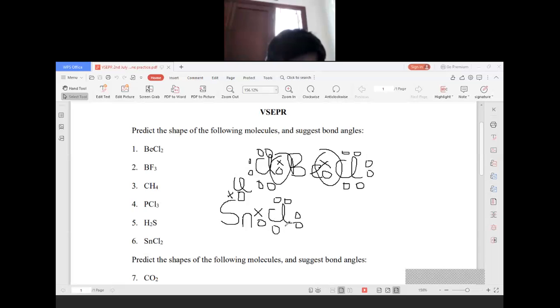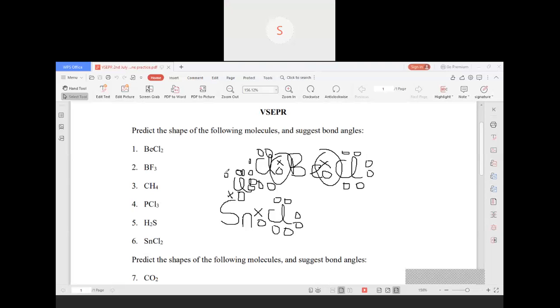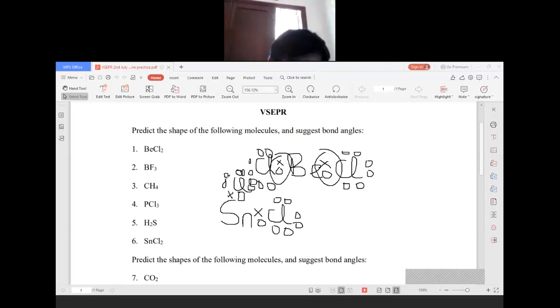So how many electrons are remaining? 2. Okay, so there are 2 remaining here. Sorry, not supposed to be a circle, but supposed to be a cross. So cross like this.